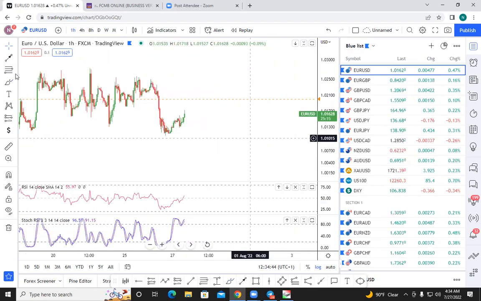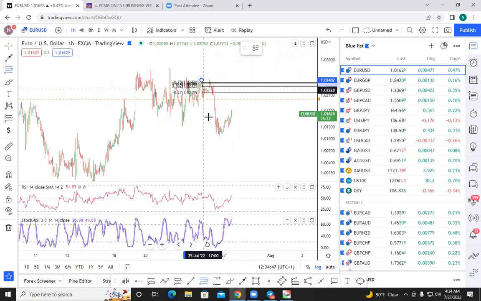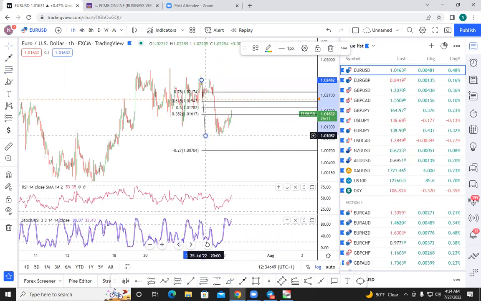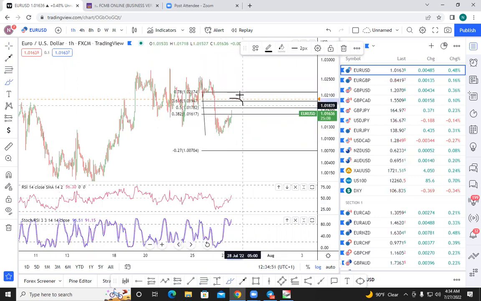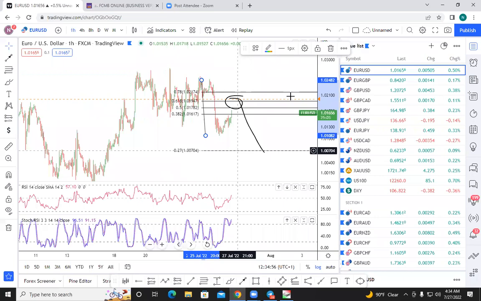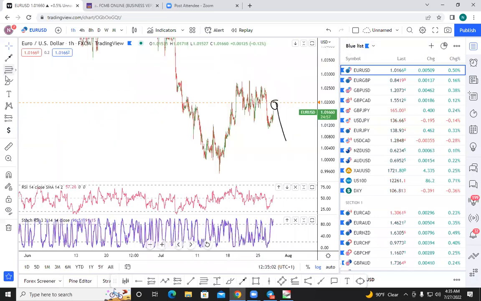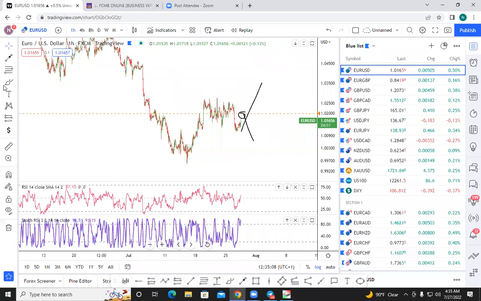Likely have this impulse retrace to 50 to 61.8 and then have it move down. Or alternatively, when the rate hike decision comes, there might be a break to the upside of this move. Market will flash up to complete this structure. Go and write it down, guys. Either of the two will happen.